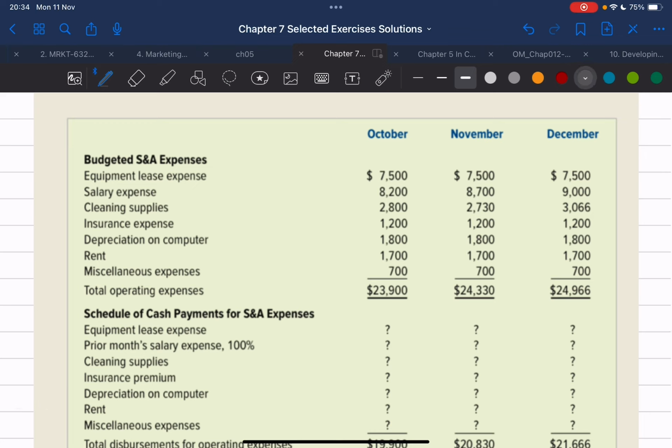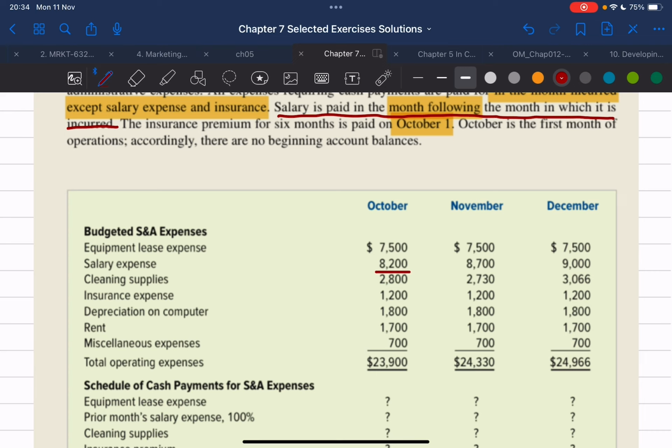Salary is paid in the month following the month in which it is incurred, meaning the salary expense for October is going to be paid next month, and this one is going to be paid in December, and so on.